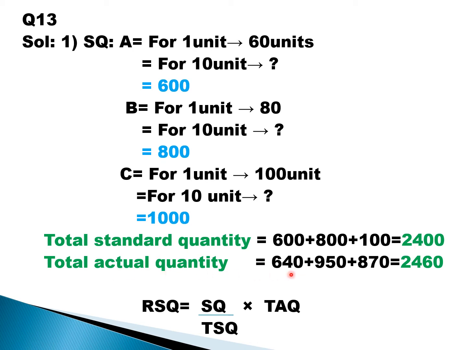Total actual quantity is given in the question itself: 640, 950, 870. So you need to find revised standard quantity, RSQ. Formula: standard quantity divided by total standard quantity into total actual quantity.